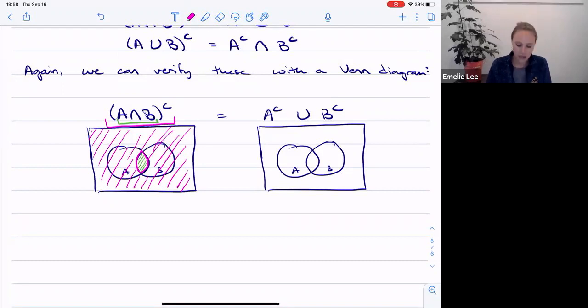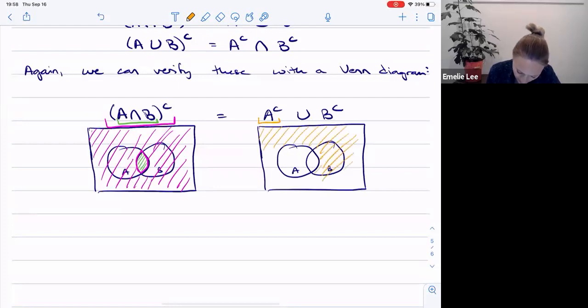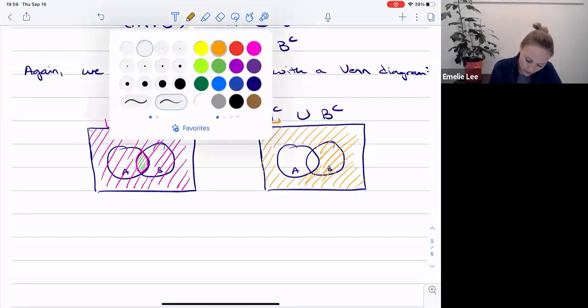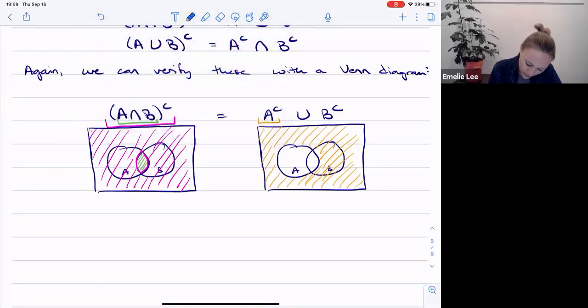Okay, good. So how about if I want the complement of A, right? The complement of A is everything outside of A, whether that's in B or not. That's all the complement of A. What about the complement of B?